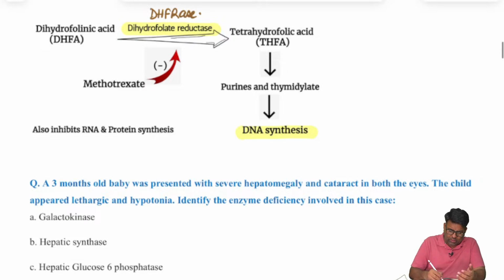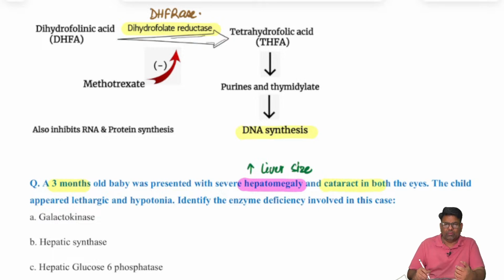Now, there was another question, again from a very important topic. A child, a 3-month-old baby, was having hepatomegaly, that is increased liver size, and this was associated with cataracts in both the eyes.